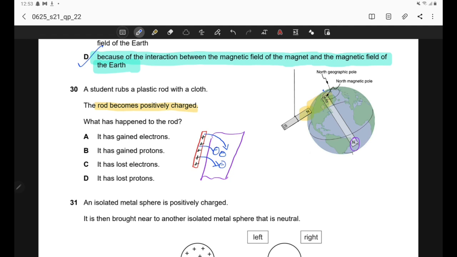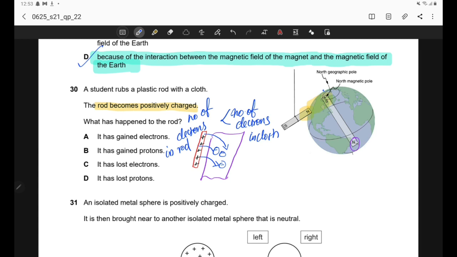So what will happen? The number of electrons in the cloth will increase, and will be greater than the number of electrons in the rod.